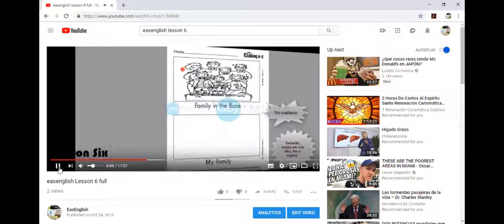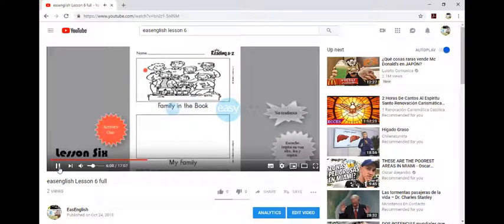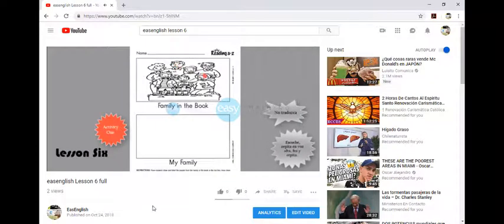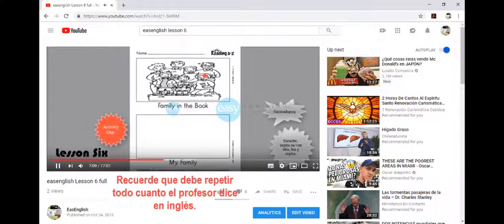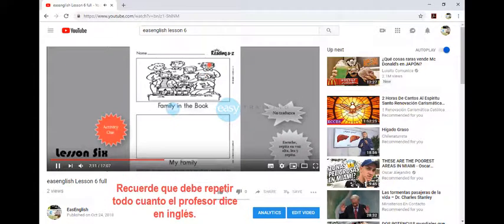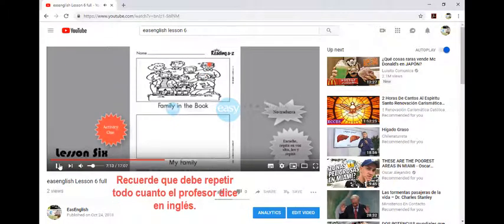Pasemos a las actividades. En esta lección hay dos actividades y esta es la actividad número 1. This is my grandmother. This is my grandfather.